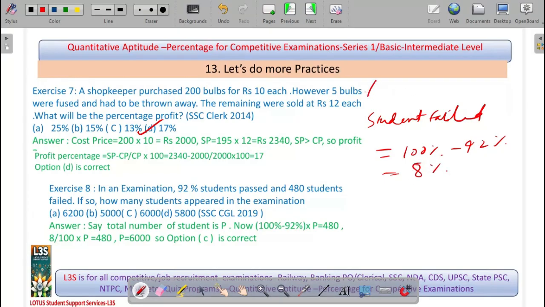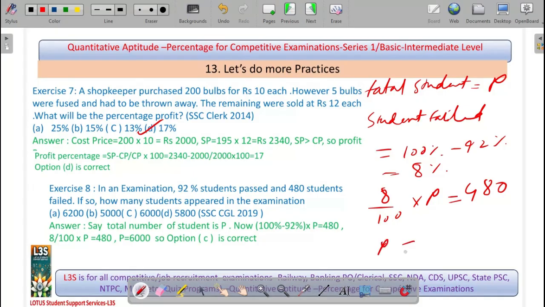Say total students is equal to P. So 8 by 100 into P equal to 480. So P will be how much?